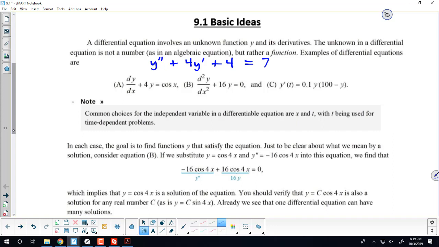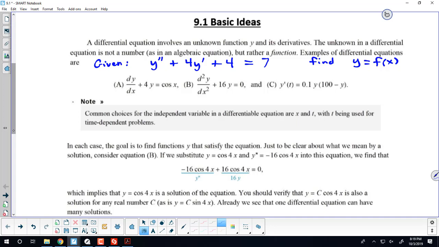You're given that differential equation, and what you have to do is find the function that satisfies it, y of x, f of t, whatever. Naturally, for things that involve time, the variable is usually t.